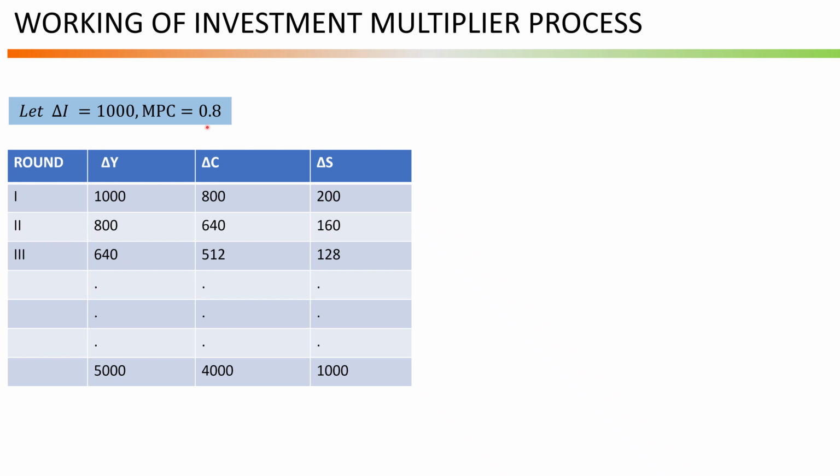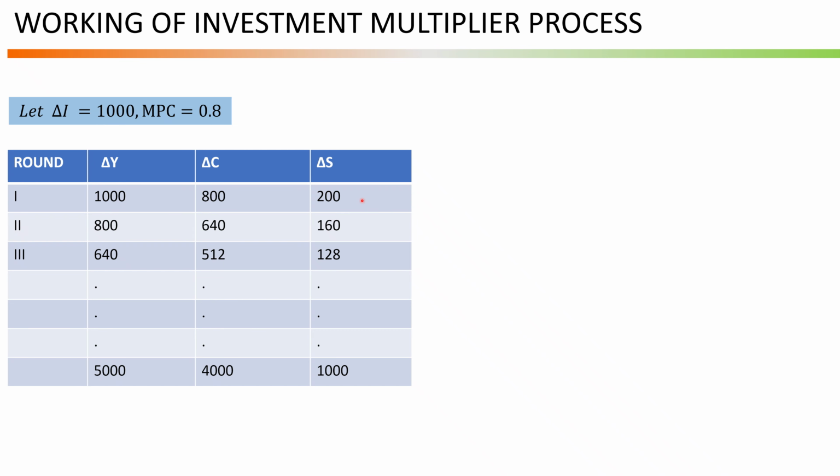Since MPC is 0.8, 80% of the additional income is consumed and the rest 20% is saved. So 80% of 1000 crores is 800 crores. So delta C is 800 crores and delta S is 200 crores in round 1.